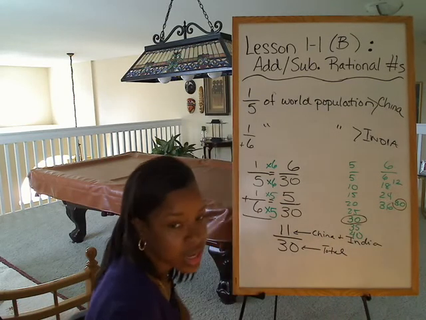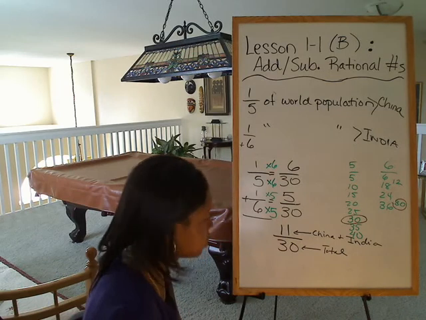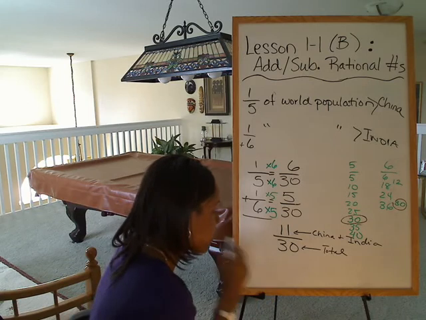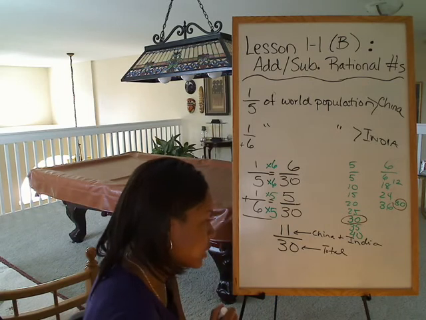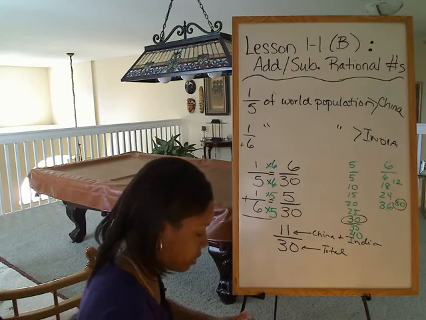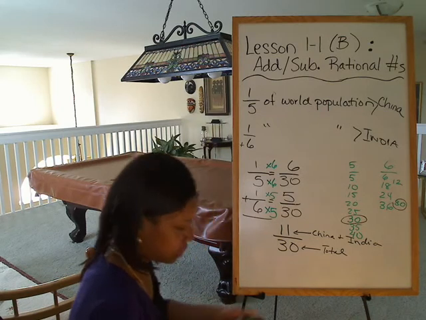So if we want to find out how many people live in the rest of the world, we have to find out what number. I'm trying to find an easy way to explain this to you. Okay, let's do it like this.